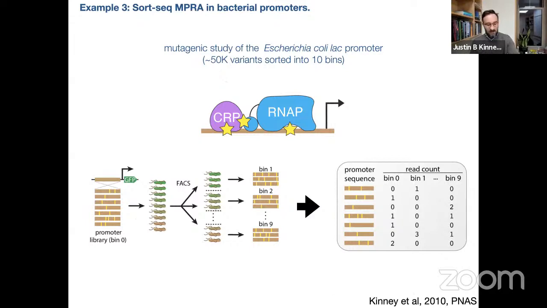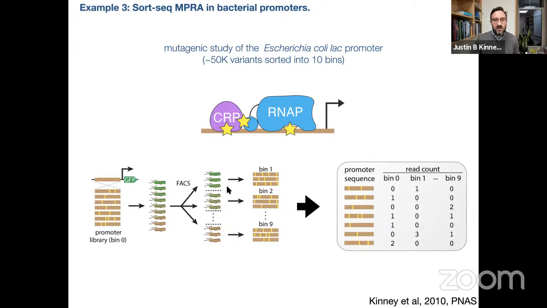Finally, I want to highlight a third application, which is the application to this very early MPRA. This is a fluorescence activated sort-seq based MPRA that I performed back in 2010.